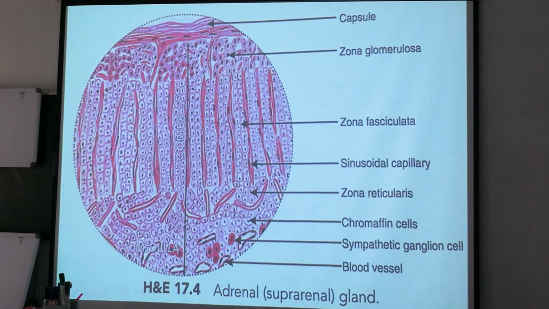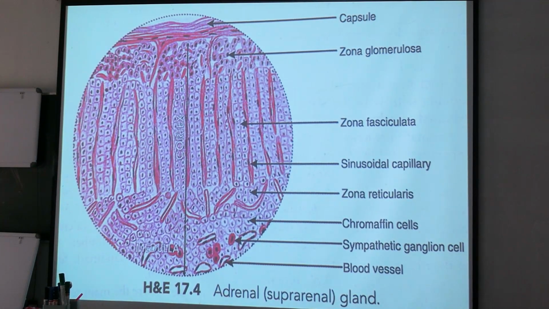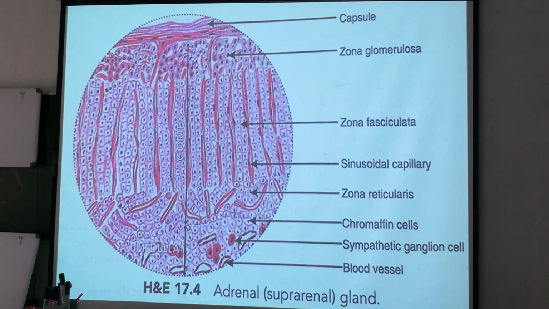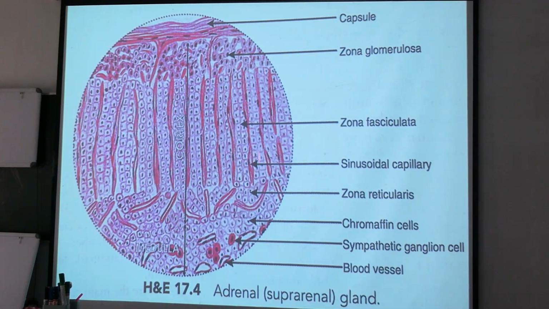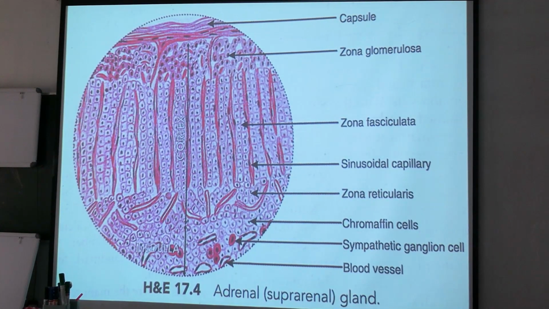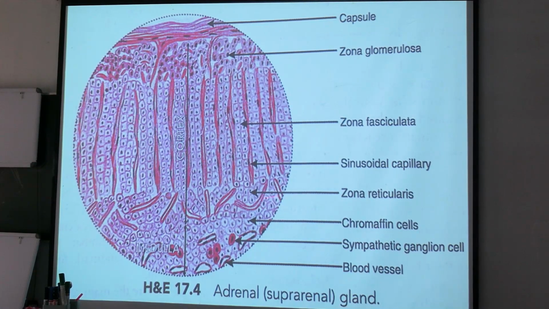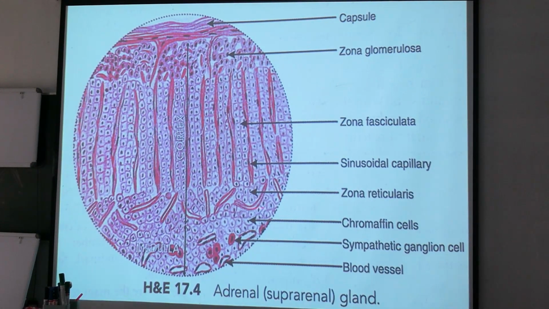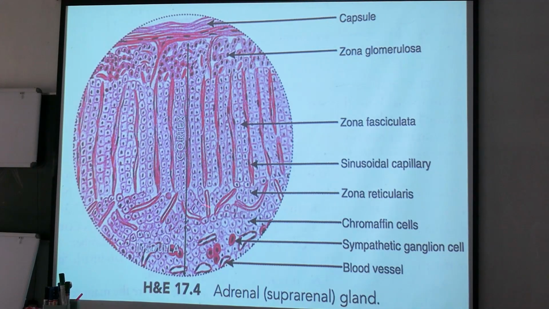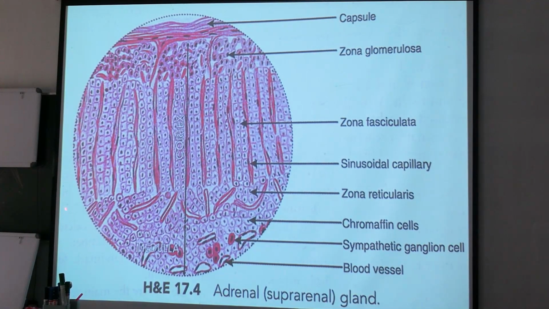Cells are arranged in straight cords, and the cords are 1 to 2 cells thick. In between the cellular cords are the regions of the sinusoids. These are the fenestrated capillaries or sinusoids. And here, cells are arranged in anastomosing cords. This part is the reticularis, and in between the cords of cells are the sinusoids, which are more in number.